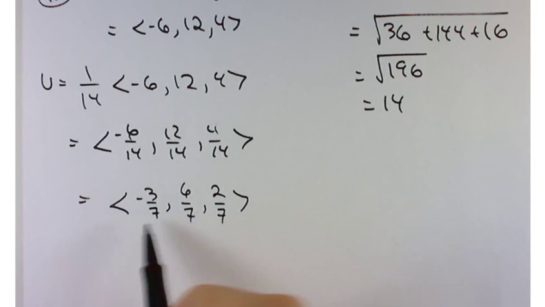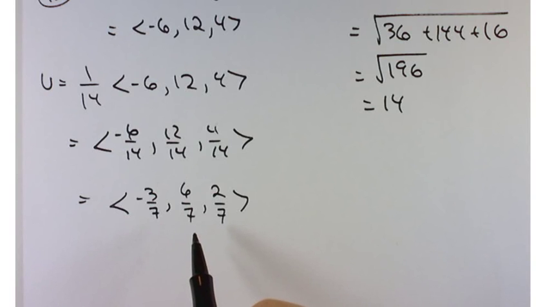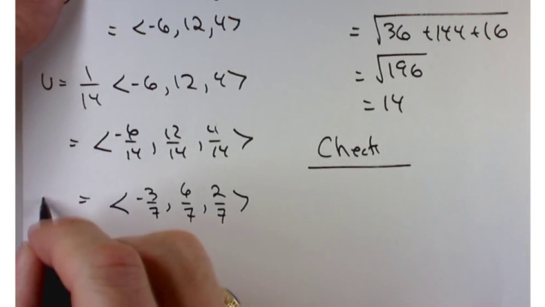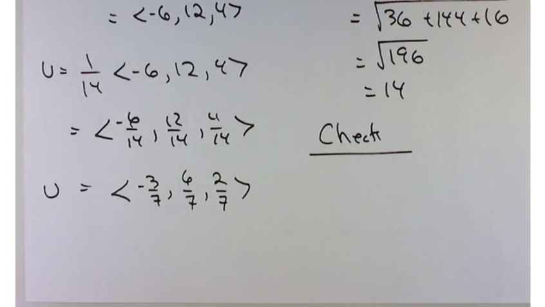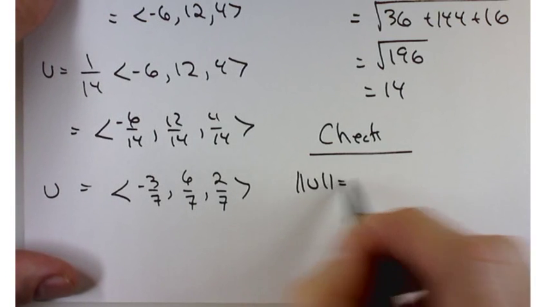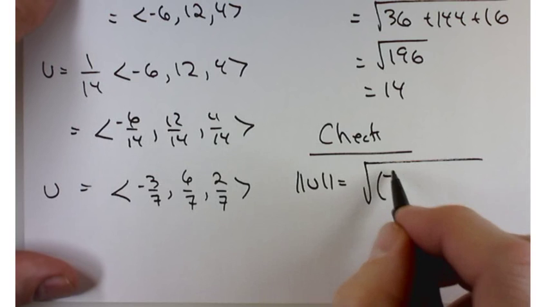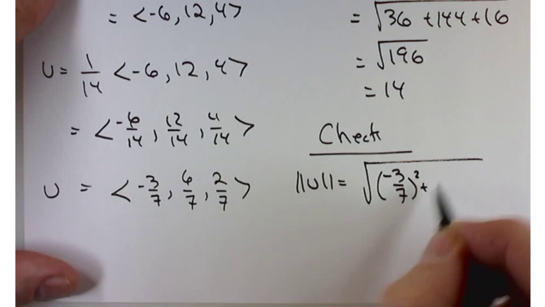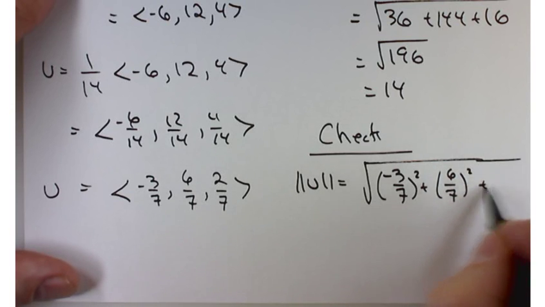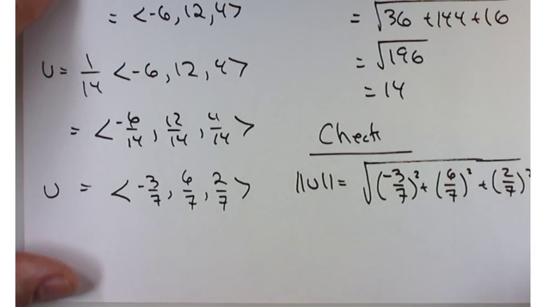In fact, how long is this? Yeah, 1 unit long. How could you show that if I wanted to check it? Yeah, just use your length formula, right? So the length of u would be the square root of 3/7 squared plus 6/7 squared plus 2/7 squared.